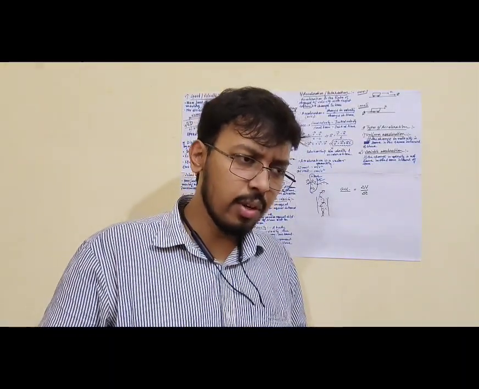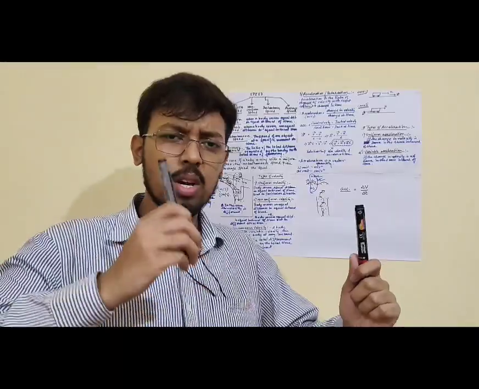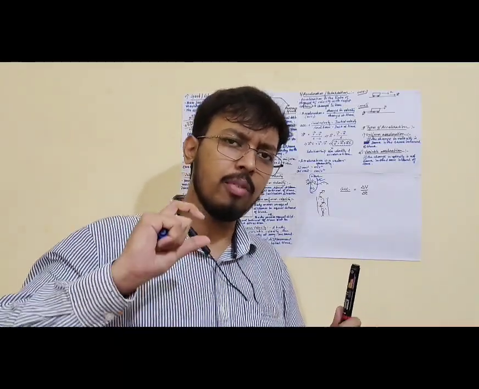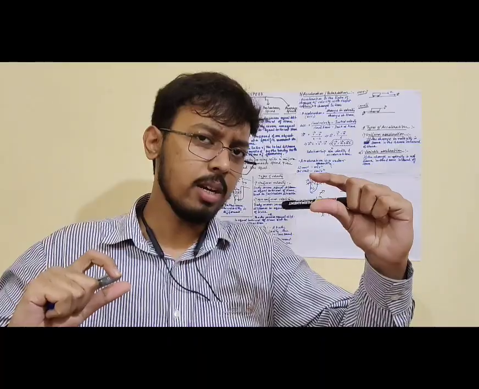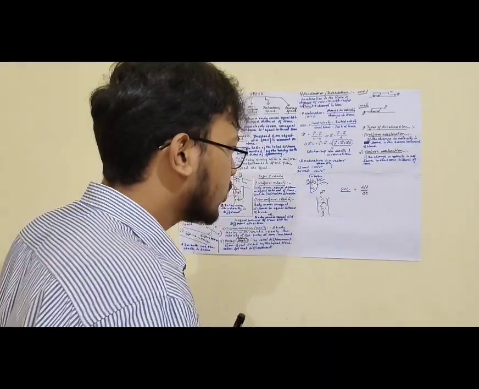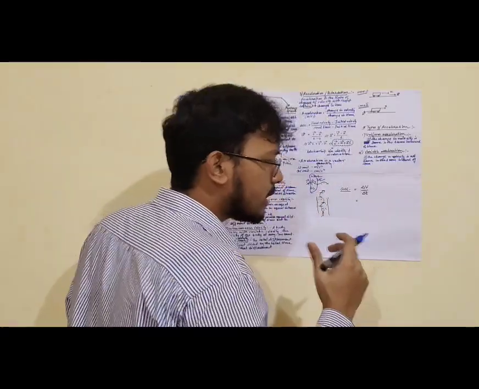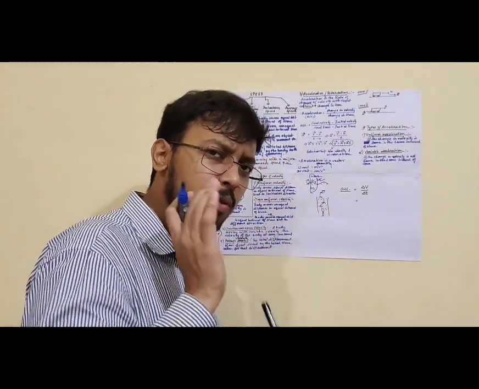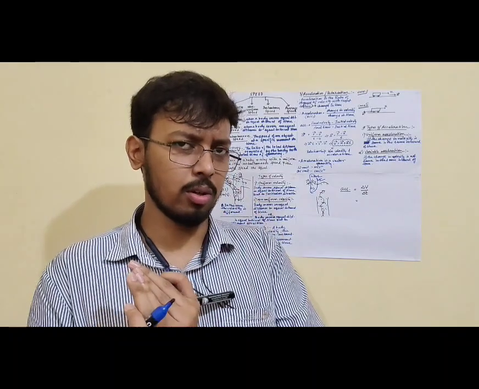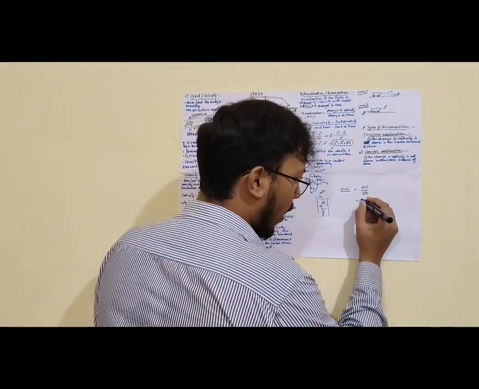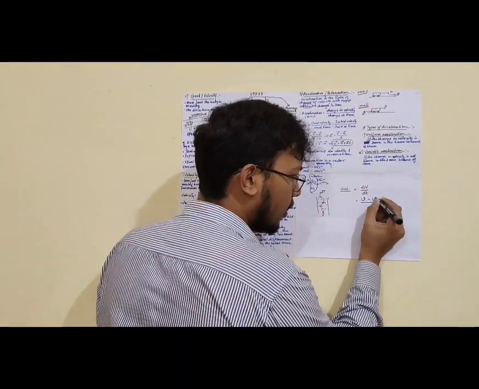Now change in velocity means you will have an initial velocity and a final velocity. At initial time you will have initial velocity u, and at final time you will have final velocity v. So to find the change in velocity, we have to subtract the initial velocity from the final velocity. That means final velocity v minus initial velocity u.